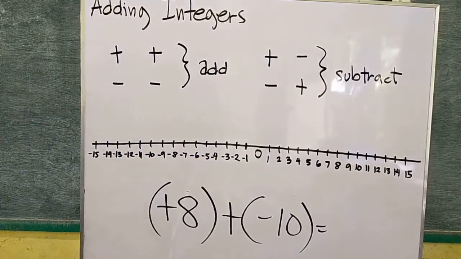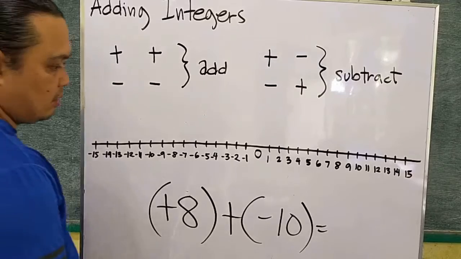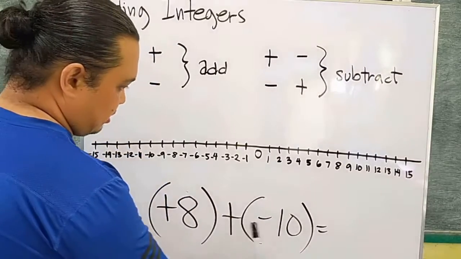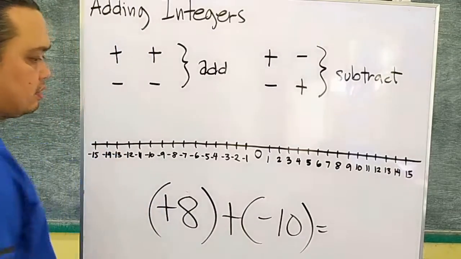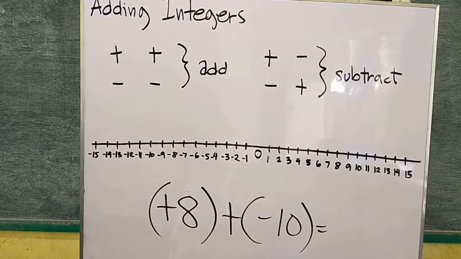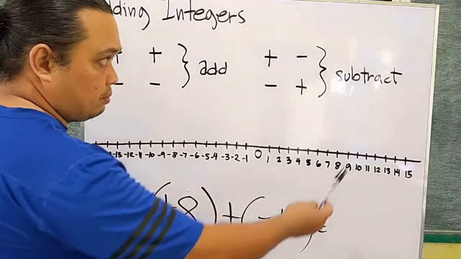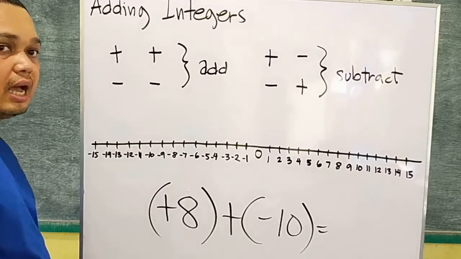So we are now adding unlike integers. We have a positive and a negative. We have positive 8 plus negative 10. So they are unlike because we have different signs. Now, to add unlike integers, we need to subtract the numbers. Why? Because they are unlike.